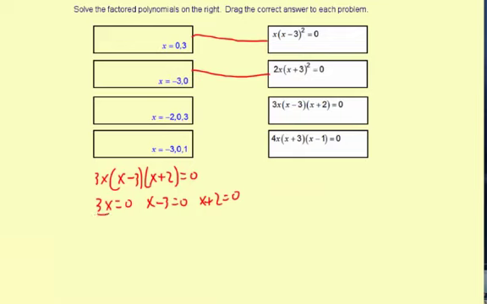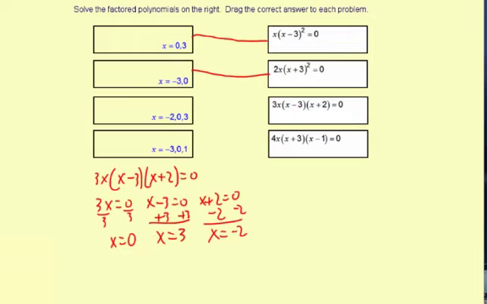Now to solve this 3x equals 0, divide by 3 on both sides. So x equals 0 is one of your solutions. For x minus 3, I'm going to add 3 to both sides to get x by itself. So x equals 3. And then this x plus 2, I'm going to subtract 2 from both sides. So x equals negative 2.